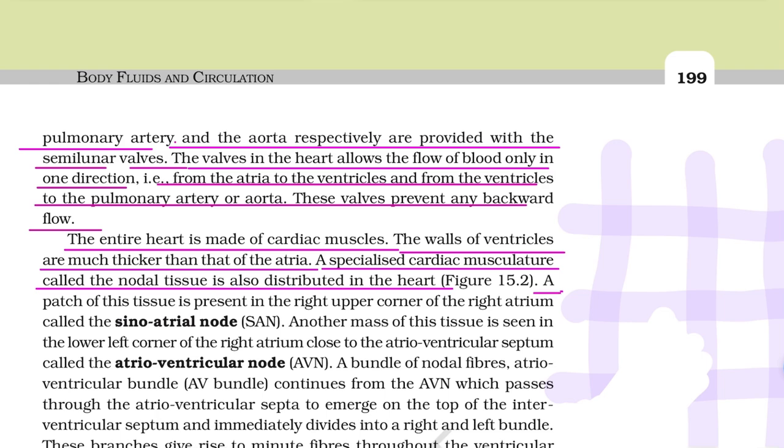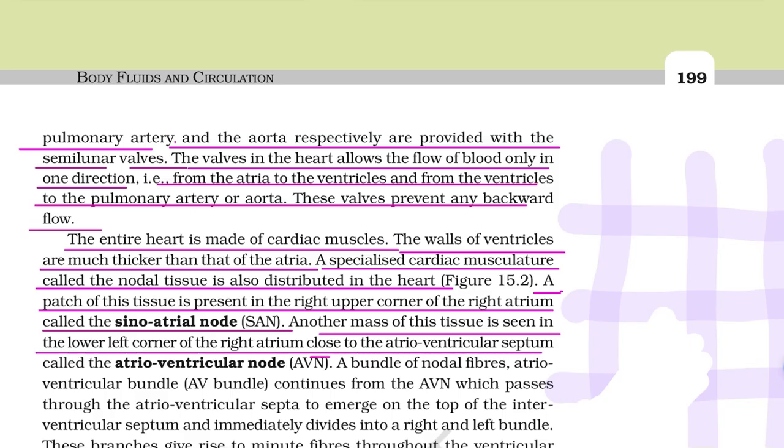A patch of this tissue is present in the right upper corner of the right atrium, called the sinoatrial node (SAN). Another mass of this tissue is seen in the lower left corner of the right atrium close to the atrioventricular septum, called the atrioventricular node (AVN).